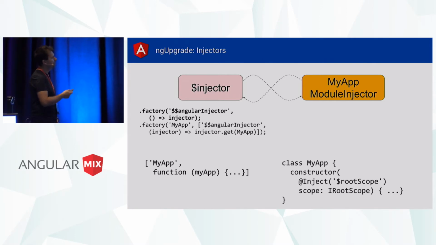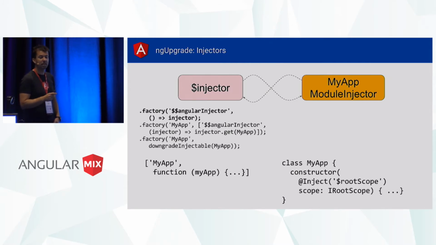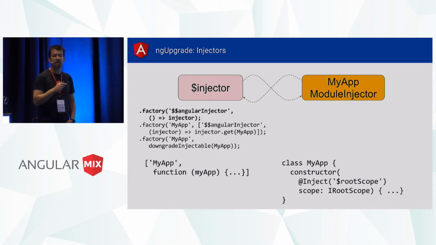To make all of this easier, none of this is something you have to write. It's all automatic. The line you have to write is the last line over here, where it simply says, I'm making my app as a string available to AngularJS, and I pass in the downgrade injectable, and the token I want to make available for it. And so the ngUpgrade library does all of the individual setup behind the scenes for you.